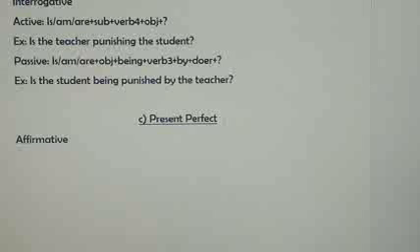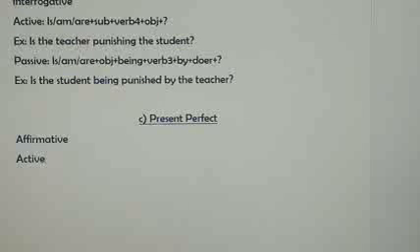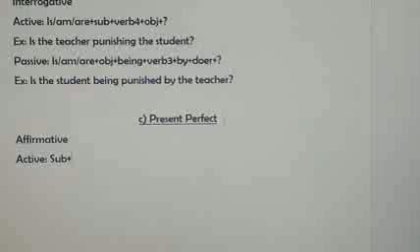Okay, now let me write the structure for the affirmative group of present perfect tense for active voice. The structure will be: subject comes first, and my dear children, over here in present perfect, the auxiliary verb which we will use will be have and has, and their use depends on the subject, as you already know.